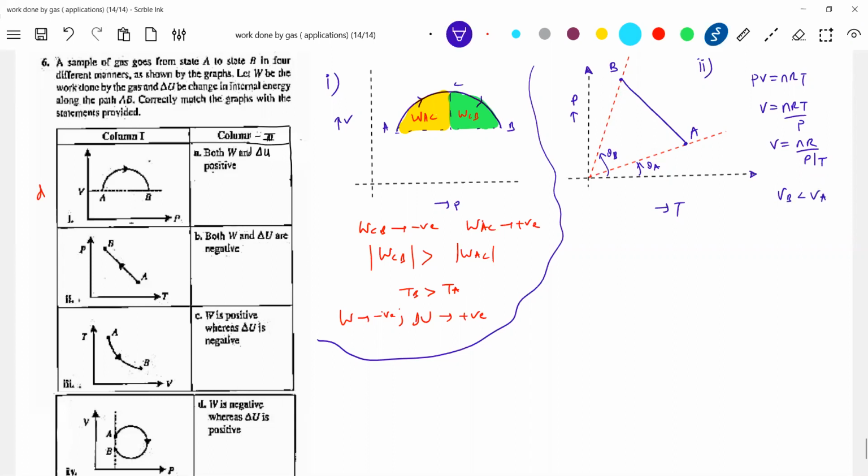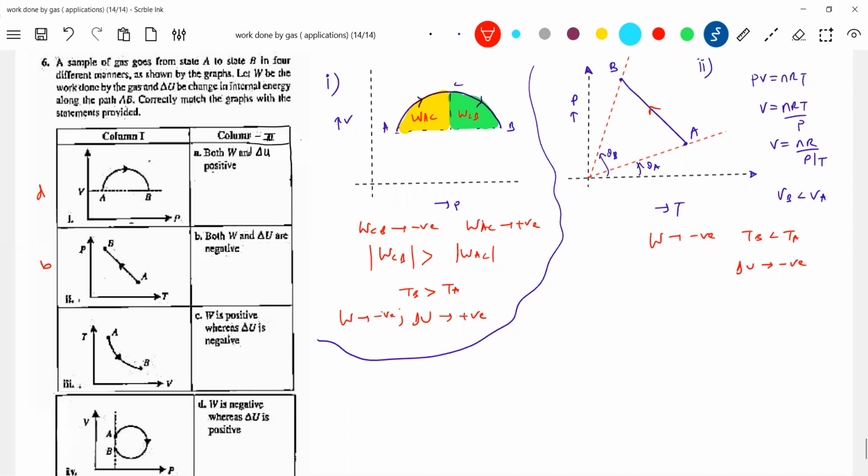If VB is less than VA, as the gas moves from A to B, volume of gas decreases, work done must be negative. Let's talk about temperature. Can we say anything about temperature? TB is in fact less than TA. So therefore delta U will be negative. So what is the option you can pick? Both W and delta U are negative.